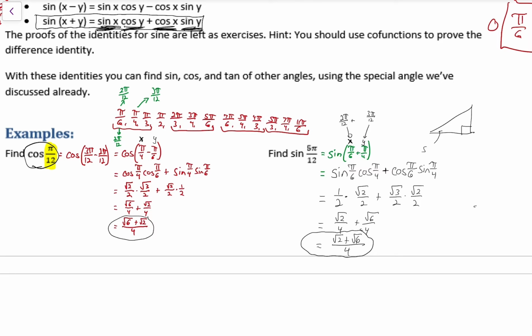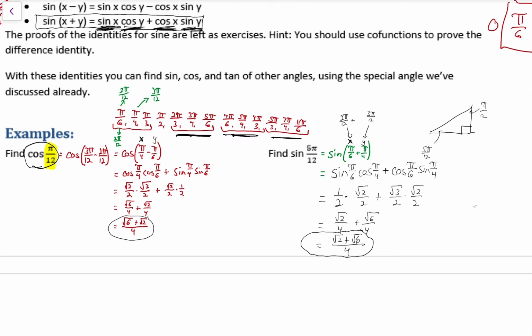This might be 5 pi over 12, and this is 1 pi over 12. And so sine of the one is the same as cosine of the other. There's actually an identity for that we'll talk about later. So that's one way you'll see these. We didn't get into these other ones for our examples, but you will.